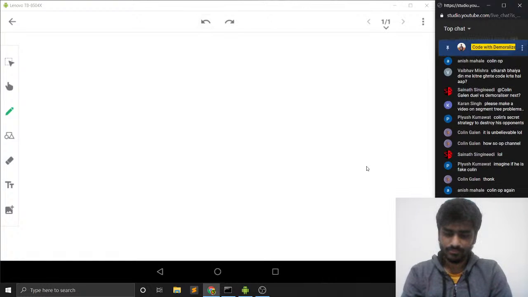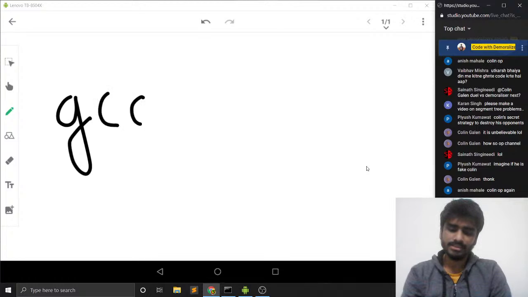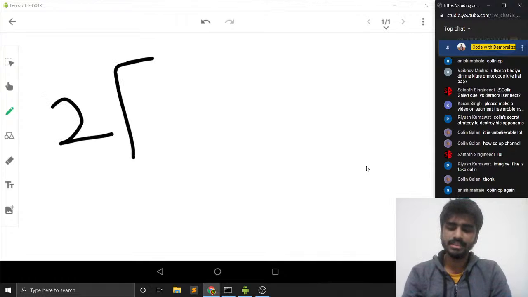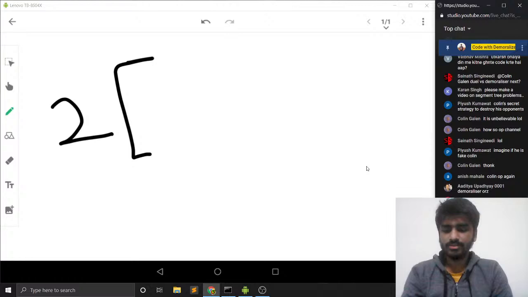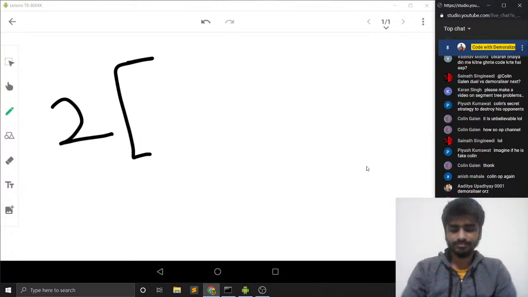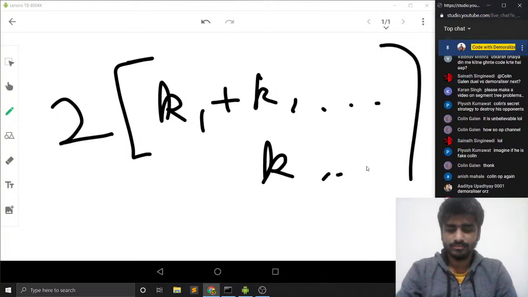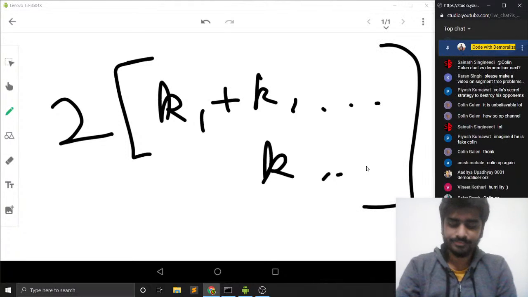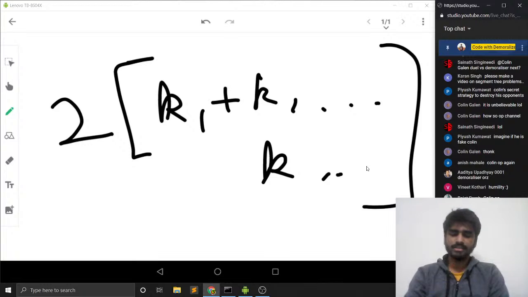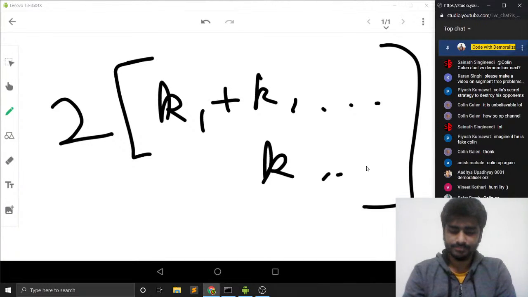Let's try to do something like GCD. Let's take the GCD out common. Let's say 2 is the GCD. And I'll try to add all of the lengths, all of the different values of k's, like k1, k2, k3, and so on. So for this, let's see what I need.